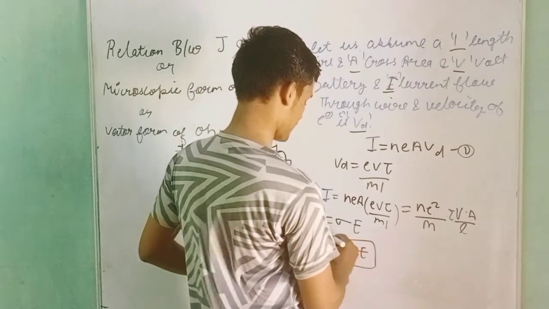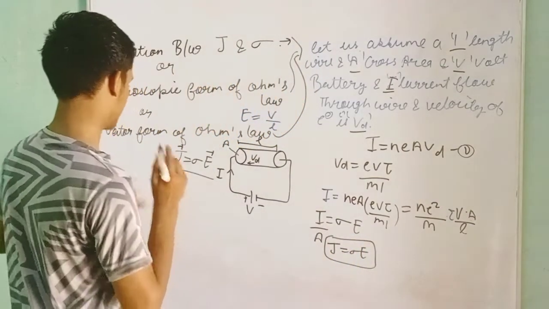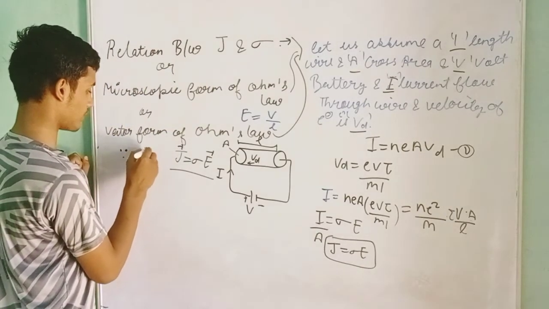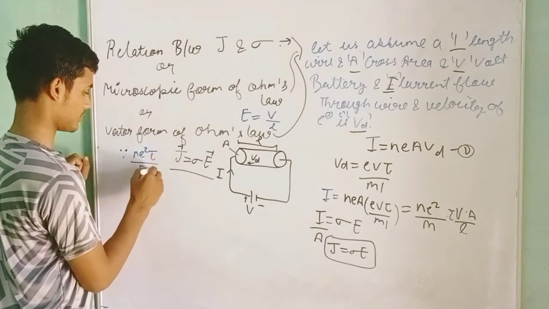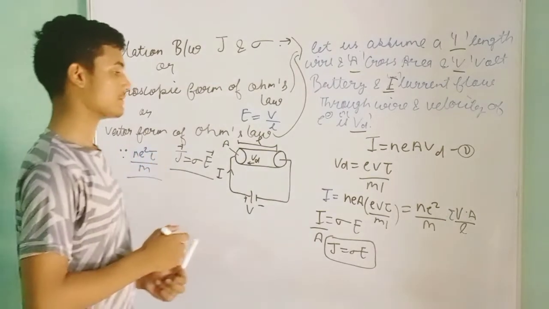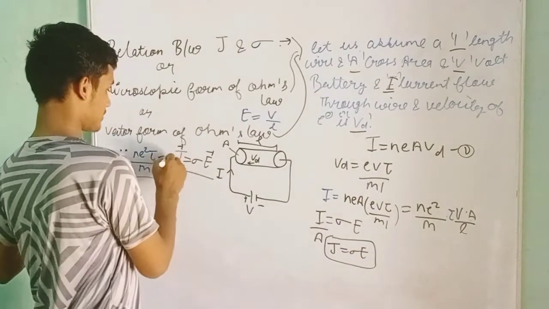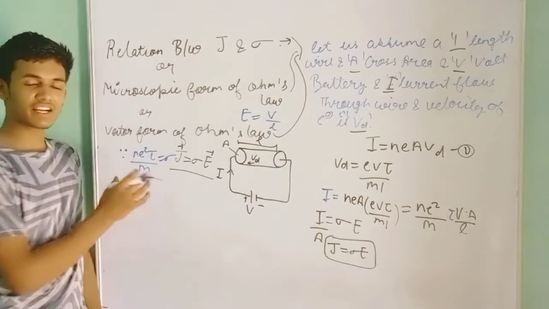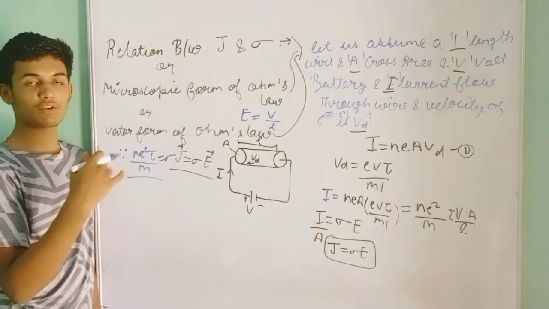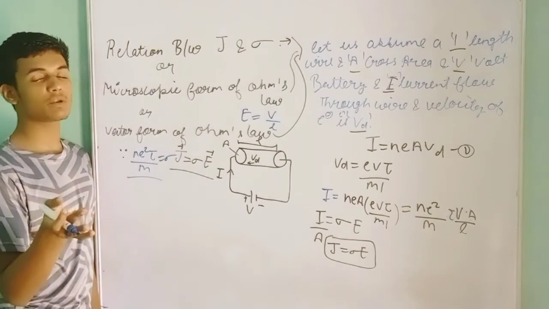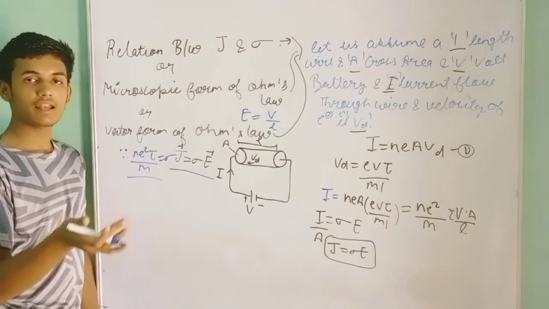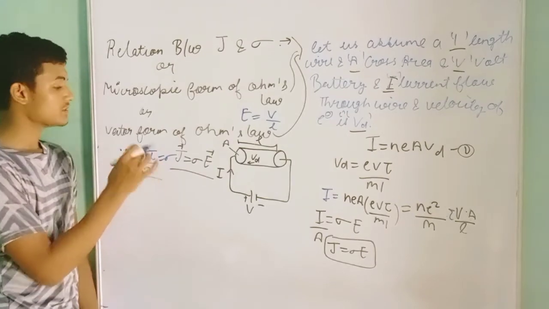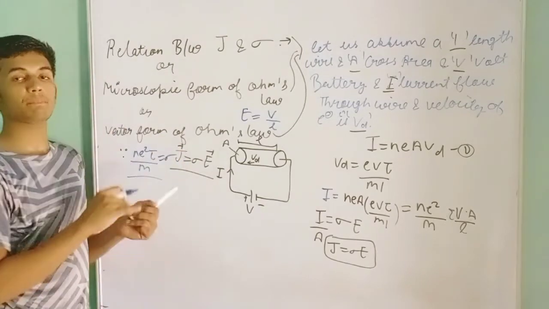So that is how the formula comes, because we know that n e squared τ upon m is equal to sigma. Conductivity and resistivity are reciprocal, and we studied that resistivity does not depend upon A and L, so there is no presence of A and L in this formula, because conductivity depends only on the temperature and the nature of the material.